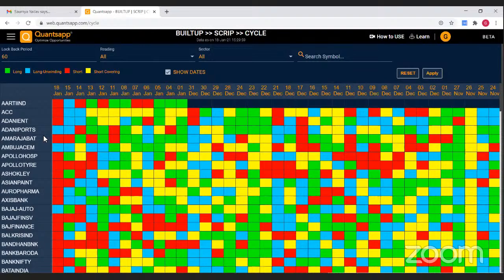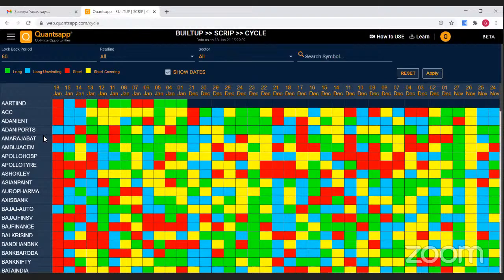If I want to see the last 20 years of build-up for any particular stock or sector, it would be very confusing looking at the daily price change and OI change. But here, with the help of color coding used to identify the types of build-up, such as long unwinding and short covering, we can see the kind of build-up that a particular stock is going through.